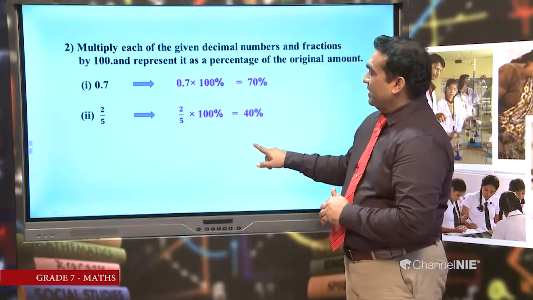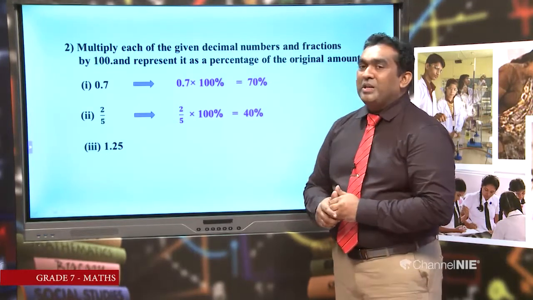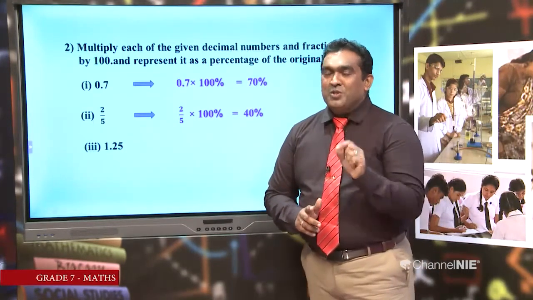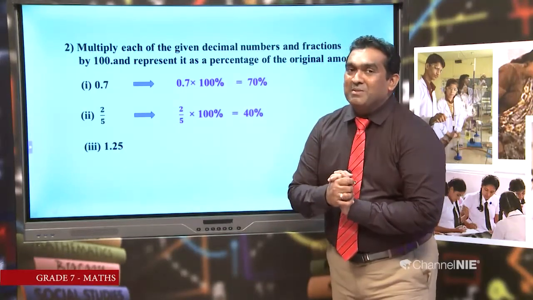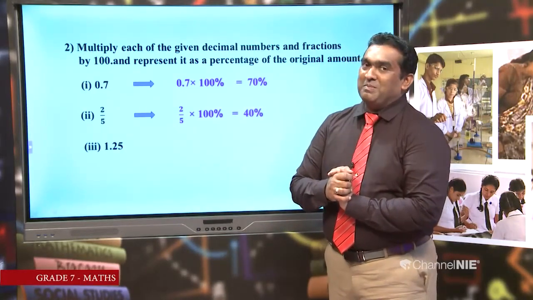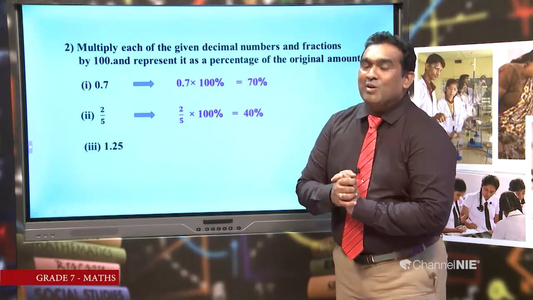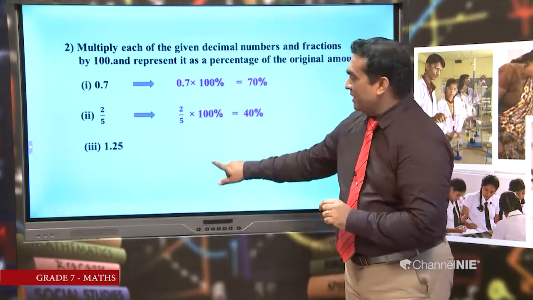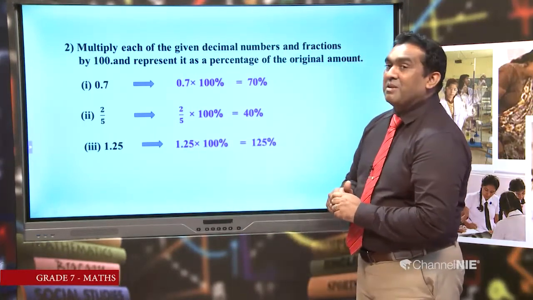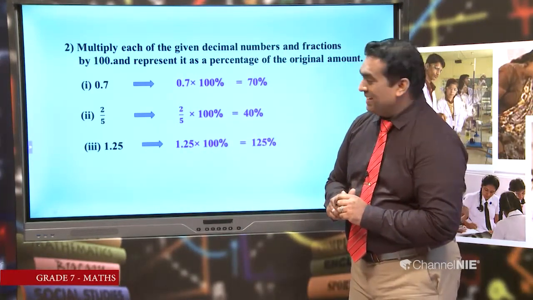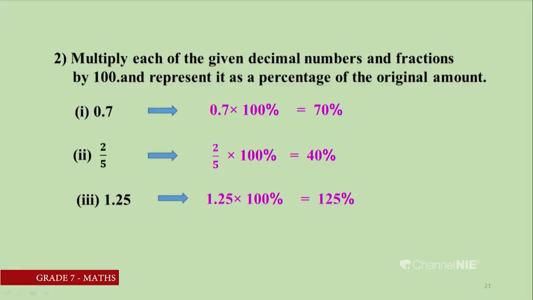40%. Next one, 1.25. Here the special case is this number contains 2 decimal places, 2 digits after the decimal point. Then the direct method, 1.25 can be multiplied by 100. Therefore, 1.25, here 2 zeros.